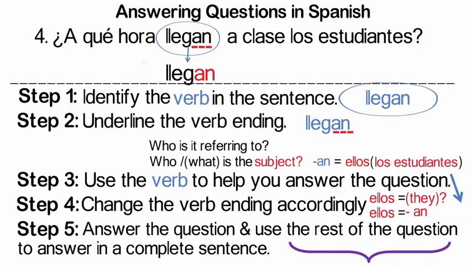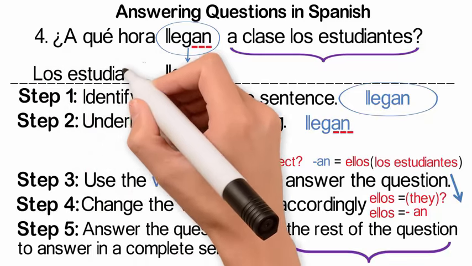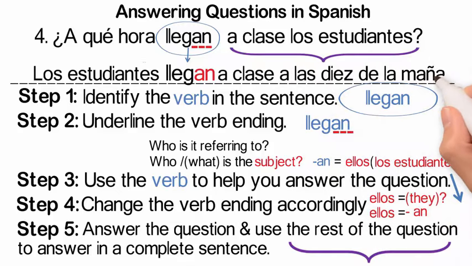So you need to give a time here. Then use the rest of the information in the question to help you write your answer in a complete sentence. Bring down or rewrite the rest of the information from the question. And now you have an answer in a complete sentence in Spanish. Los estudiantes llegan a clase a las 10 de la mañana.